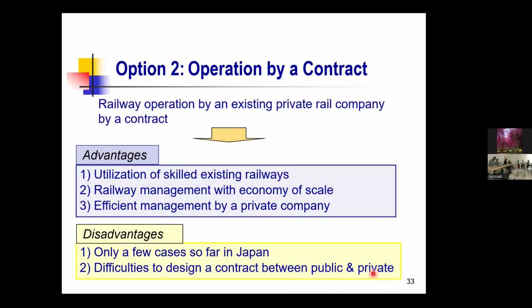However, even in the case of a contract by negotiation, this type seems to have several advantages, such as utilization of skilled existing railways, railway management with economy of scale, and efficient management by private companies.